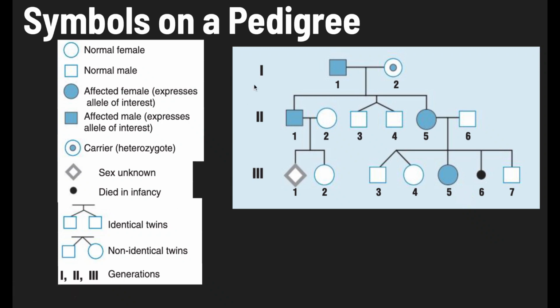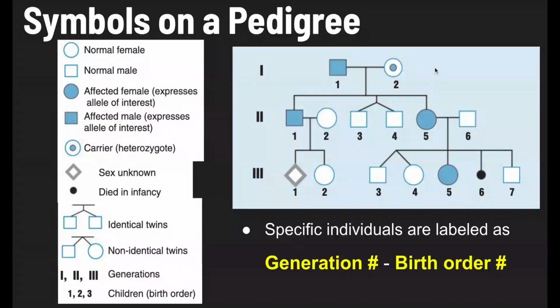And you'll notice on the left, the generations are listed. So there are lines of individuals. This is the first generation at the top. In the middle here is the second generation. And then at the bottom is the third generation. And notice every individual is also numbered. They're numbered in birth order. So whoever's the oldest goes on the left and the youngest goes on the right.